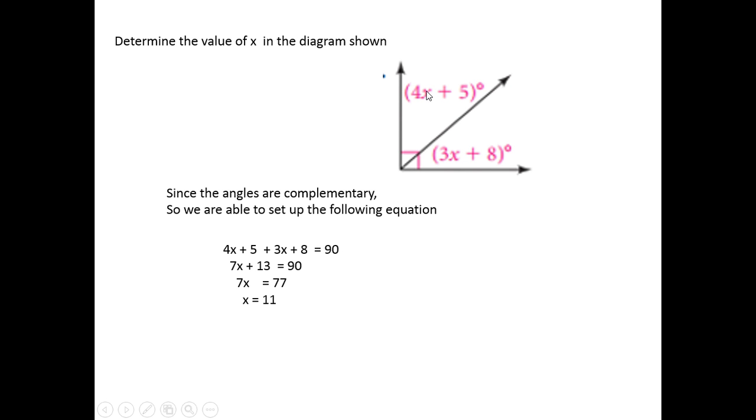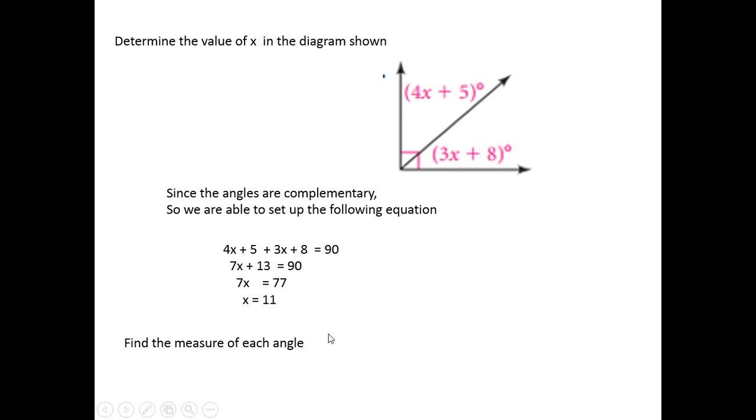So we substitute the algebraic values and get the equation 4x plus 5 plus 3x plus 8 equals 90. Adding like terms, 4x and 3x is 7x, 5 and 8 is 13. We get 7x plus 13 equals 90. We subtract 13, 7x equals 77, x equals 11.